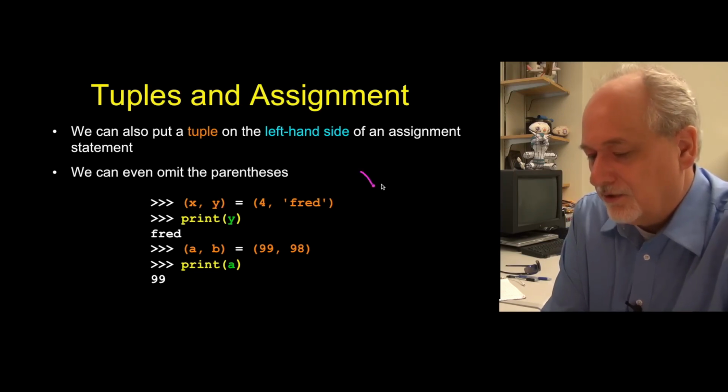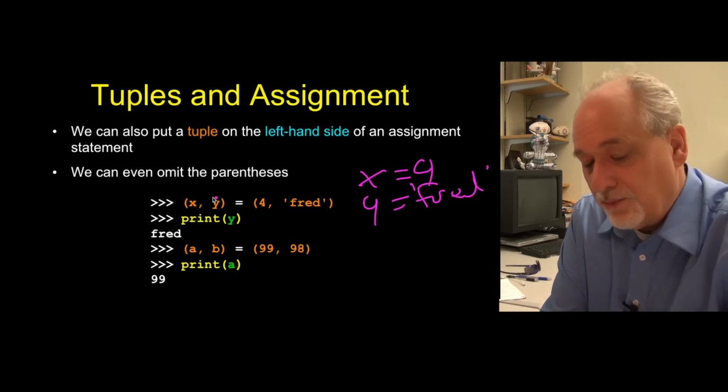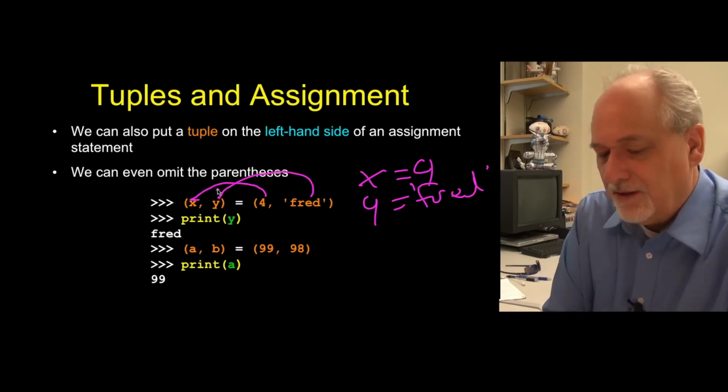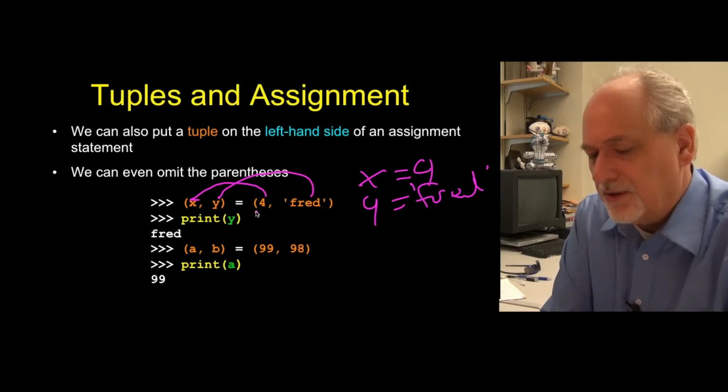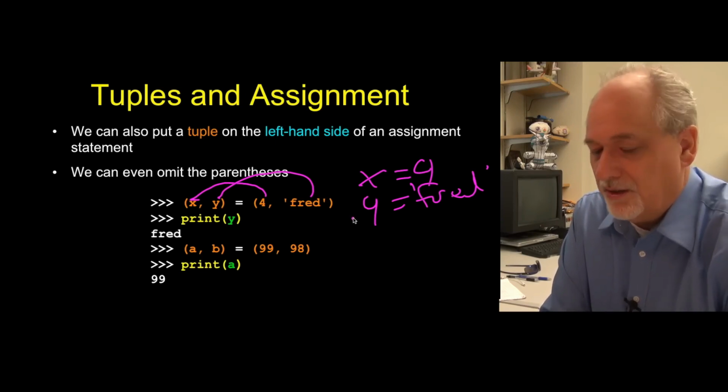It's like saying x equals 4, y equals Fred, right? So what happens is you can put a tuple on the far side of an assignment statement, and the 4 goes to x, and the Fred goes to y. And you say, what's in y? Well, y is indeed Fred. And so this is like 2 assignment statements. Now, the way I've got this syntax, I would probably do 2 separate statements, just not to show off that I know how to do tuples.